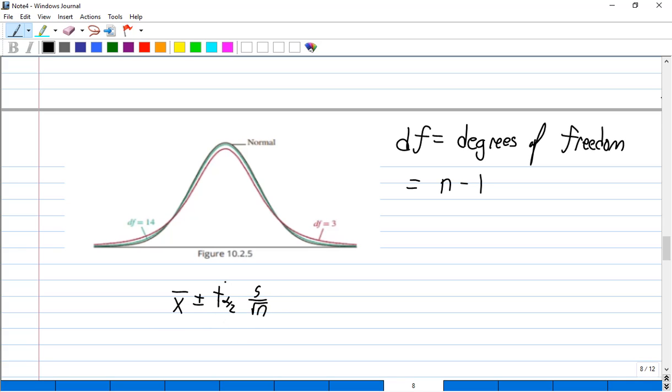Now the only other difference, other than that's a critical t value, is that instead of sigma, the whole reason we're doing this is because we don't have the population standard deviation. So we have to use this right here. That's the what? Sample standard deviation.